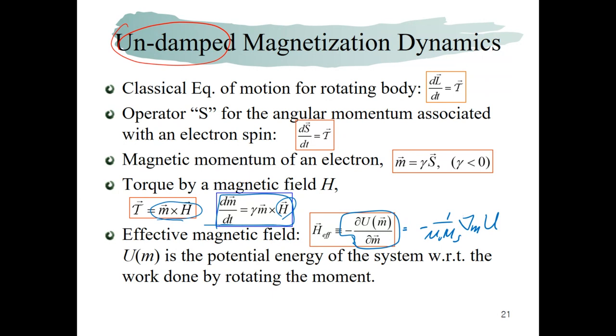And this U is the energy of the system. We assume the magnitude of the magnetic moment is constant, so U is only a function of the rotation of the magnetic moment.